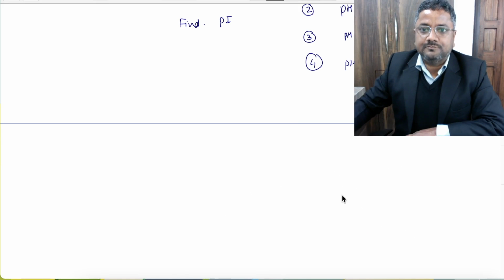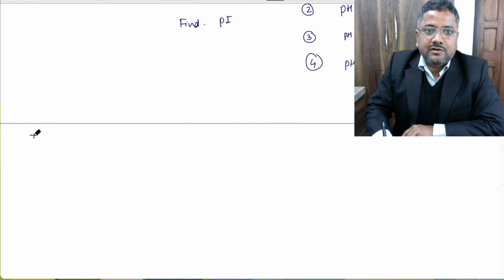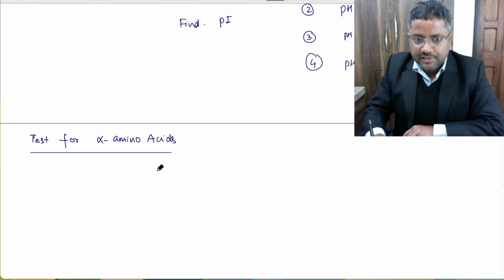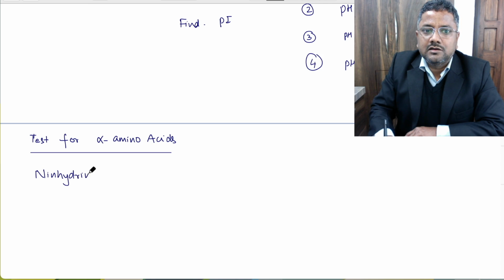Okay. See, test for alpha amino acids. This is a very important test known as the ninhydrin test. The ninhydrin test is shown by all alpha amino acids.